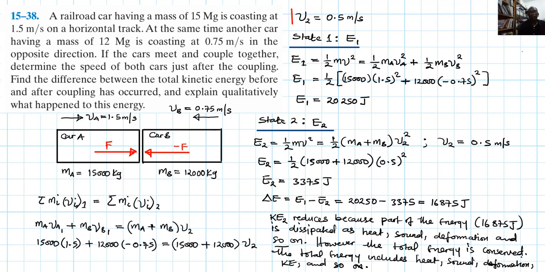So we have E1, the kinetic energy in the first state. We have E2, the kinetic energy in the second state.